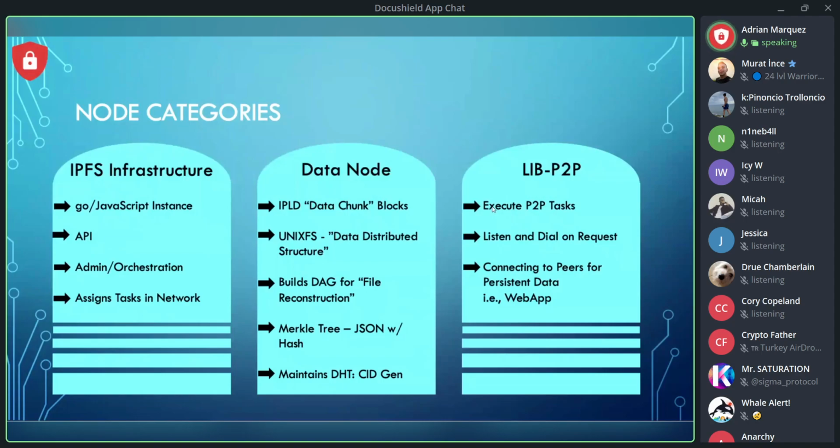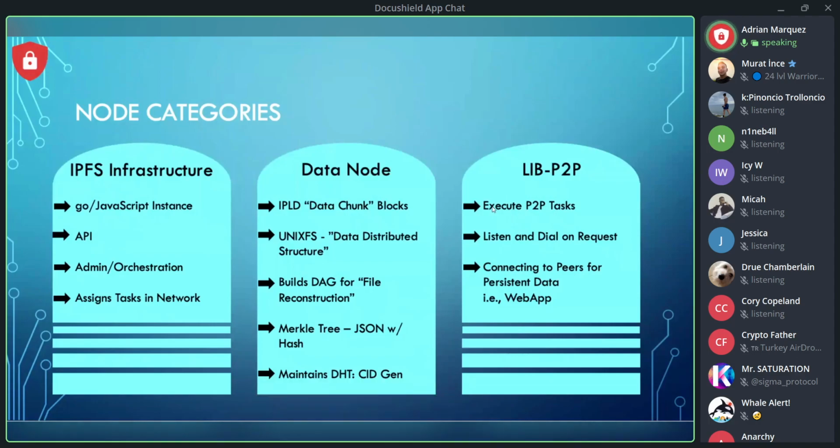Next are the data functions. So the IPLD is the actual data chunks, and it stores them in the block for each node. So that's the process of actually storing. The Unix FS is the data distribution service, our structure. So data nodes handle, or the data functions anyway, control the structure of how the data is distributed.